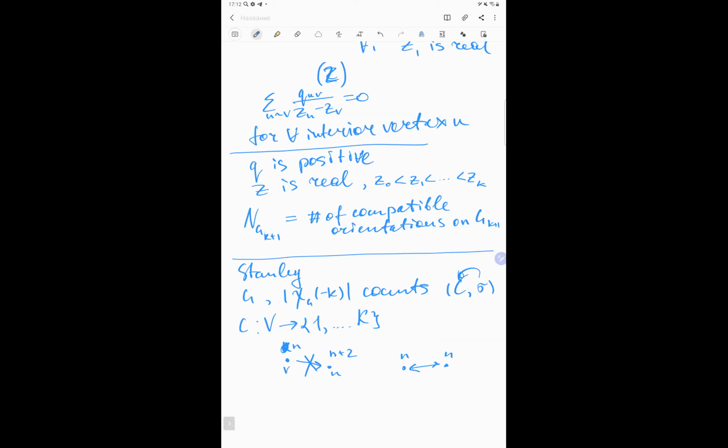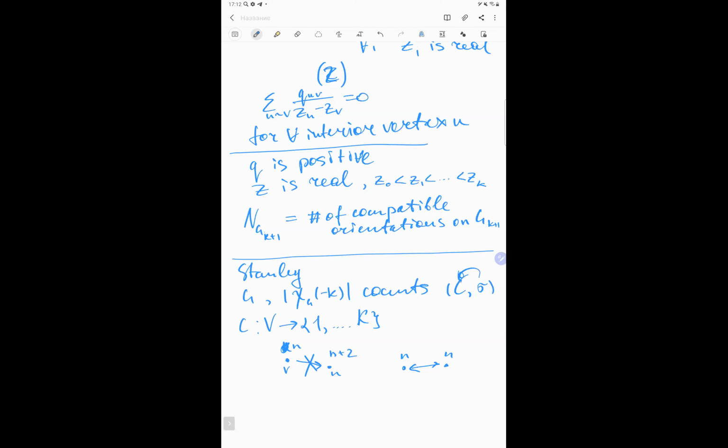Yes, I do know Stanley's theorem for the value of the chromatic polynomial at -1. At -1, it counts acyclic orientations of the graph G. And here this is some extended version. For -2, it counts what?